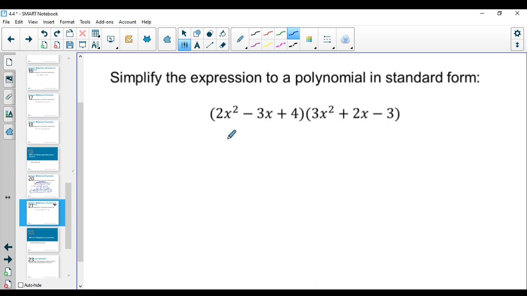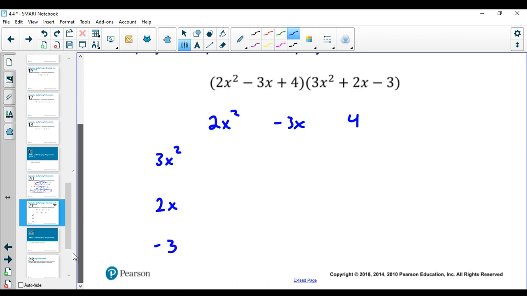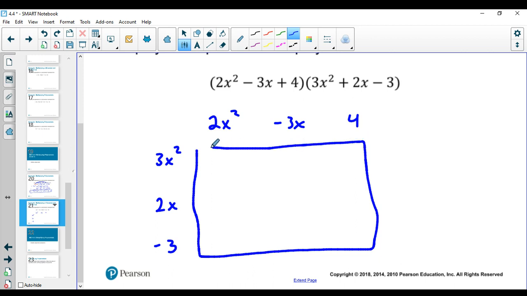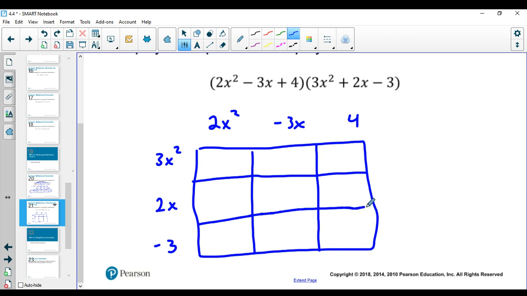So we can put both of these, so we could have 2x squared minus 3x, and then positive 4 on one side, and then we can put 3x squared, positive 2x, and negative 3 on the other, and make a box. There we go. And then we just do the multiplication in all of these boxes.